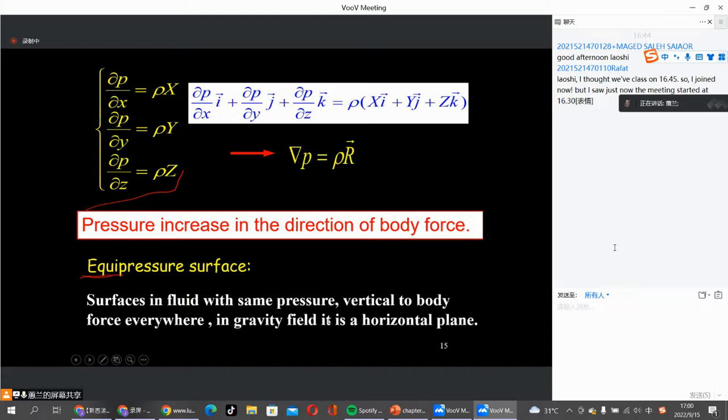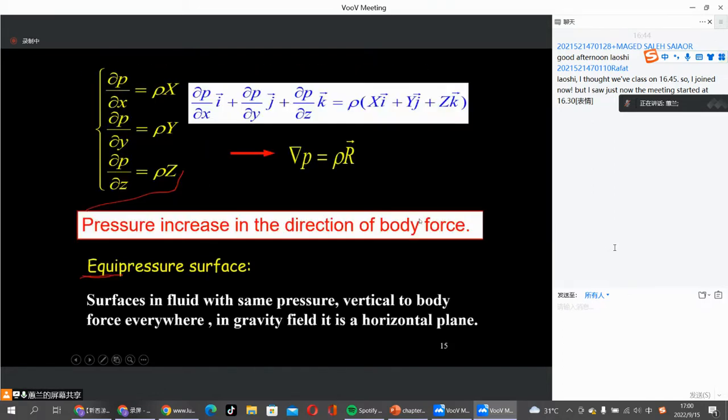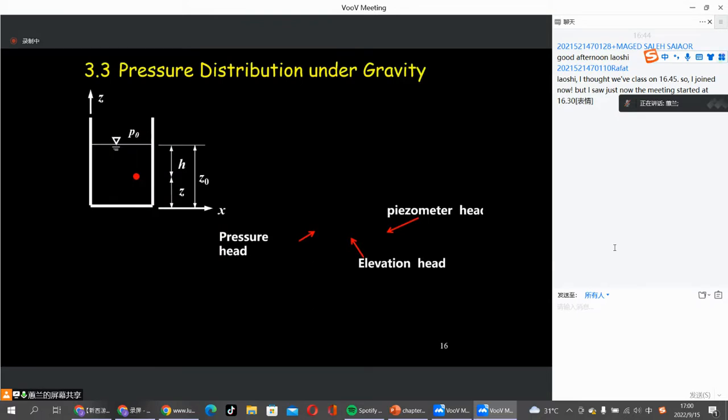So an equal pressure surface, which has the same pressure everywhere, will always be perpendicular to the body force. Okay. So if there is only gravity force, the equipressure surface will be horizontal. That's why when you hold a glass of water, the water surface, the free surface, is horizontal. That's for sure, right?